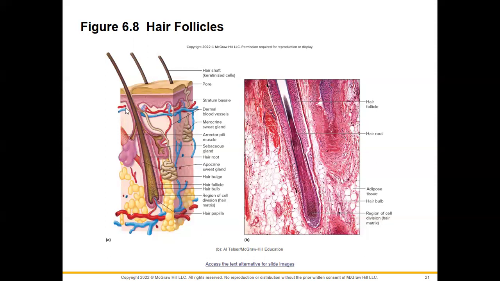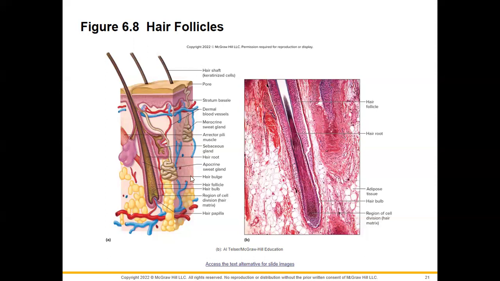Remember that around your hair follicles, you have epidermal tissue, because the follicles are produced from the superficial to the deep, and then it pushes out from the epidermal layer down into the dermis. So this whole follicle is surrounded by epithelial tissue, even though it's deep in the dermis.